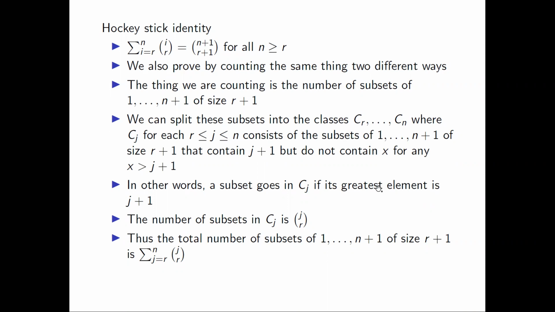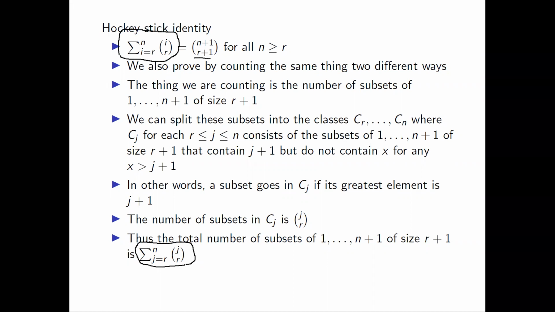The j choose r, again, is what we proved in the last bullet, the number of subsets in Cj. And so this summation is exactly the summation on the left side of the hockey stick identity.